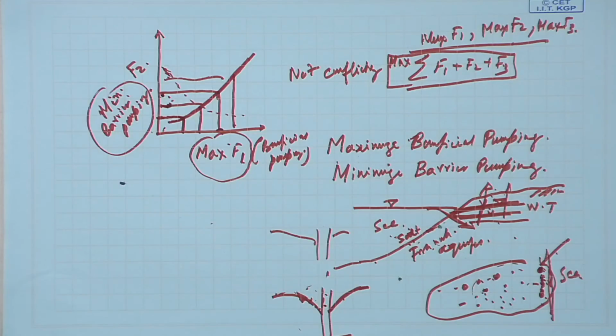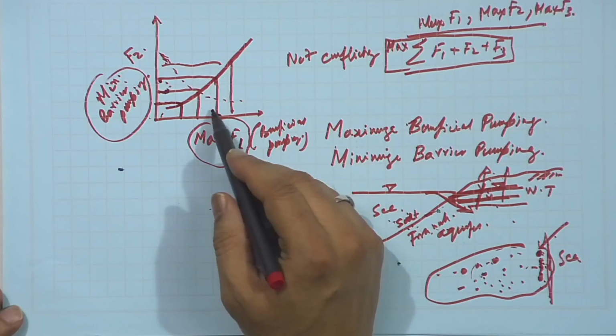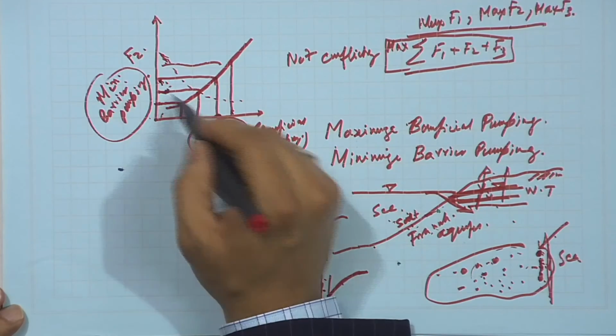That means you cannot achieve a higher amount of beneficial pumping without increasing the barrier pumping. Your objective function was to minimize this, and you want to maximize this as far as possible, but you have to sacrifice this one to increase this.